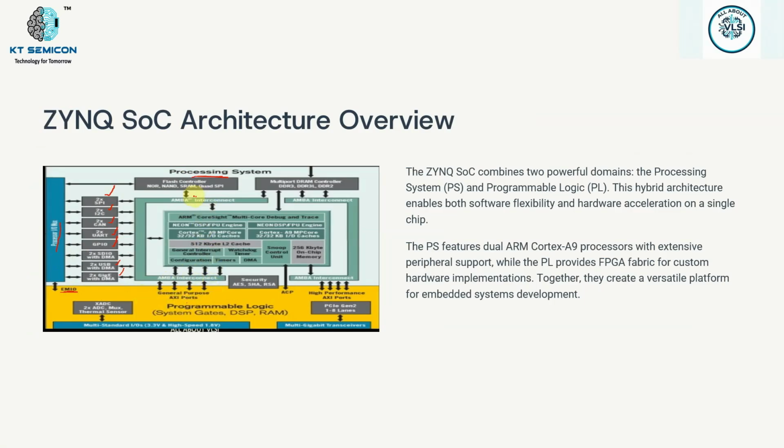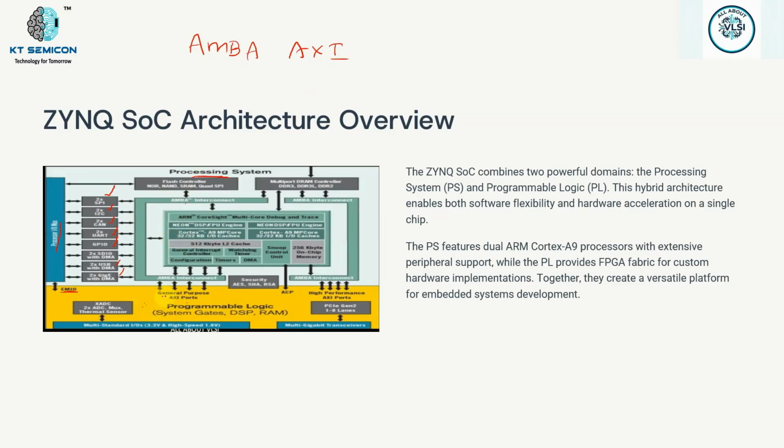If your processor wants to communicate with the FPGA part, you are going to use the AMBA AXI protocol for establishing the connection between the processing system and the FPGA.